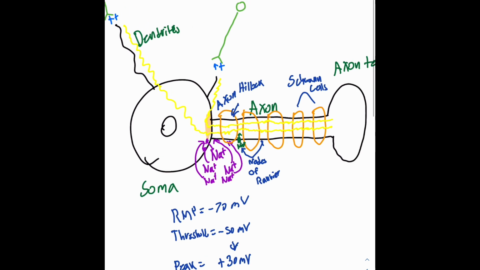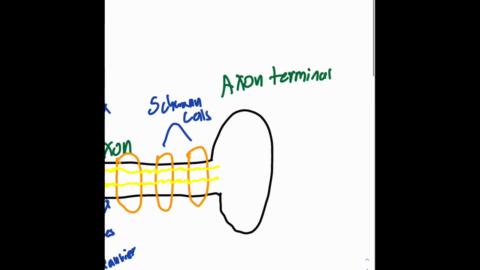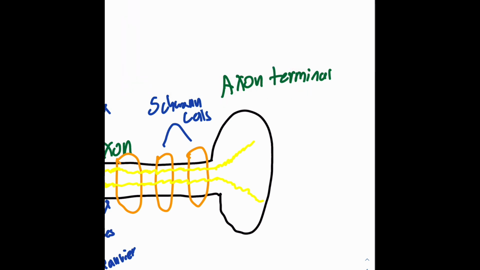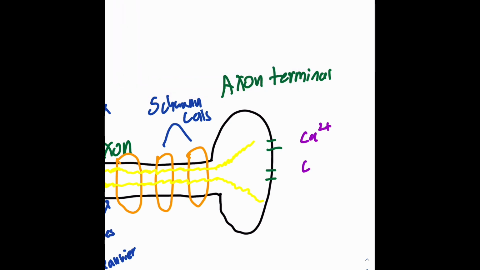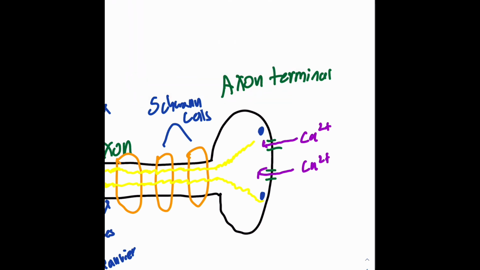So now that our signal has reached the axon terminal, let's focus on this little area now. The electricity is able to run through into the axon terminal. And at this point, there are little receptors around here. And these receptors are able to open for calcium to rush in. They go inside of the axon terminal, and as such, let's say over here we have some proteins.